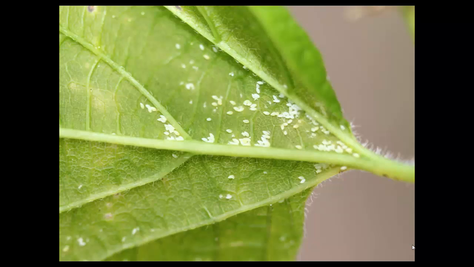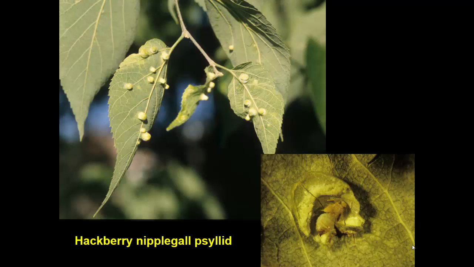So, lots of little eggs produced by the hackberry blister gall psyllid. And the galls develop with the developing insect. You will see a lump if it's the hackberry nipple gall psyllid, a little tiny blister if it's the hackberry blister gall psyllid.